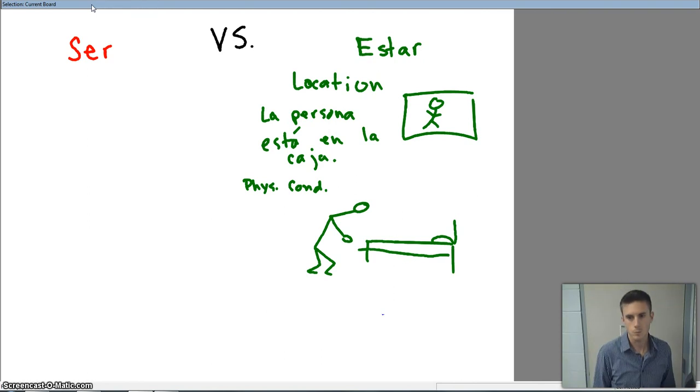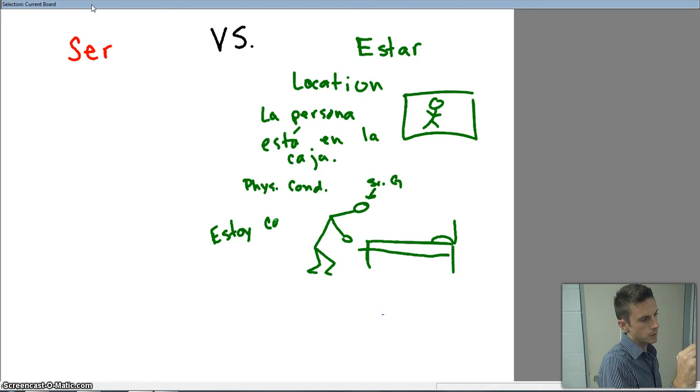All right, they're going to bed. They don't look too chipper, right? They're getting ready to get in the bed. Let's say this is me. We'll put a name to it. This is me. Estoy cansado. Estoy cansado. So we're giving a physical condition, someone being tired.